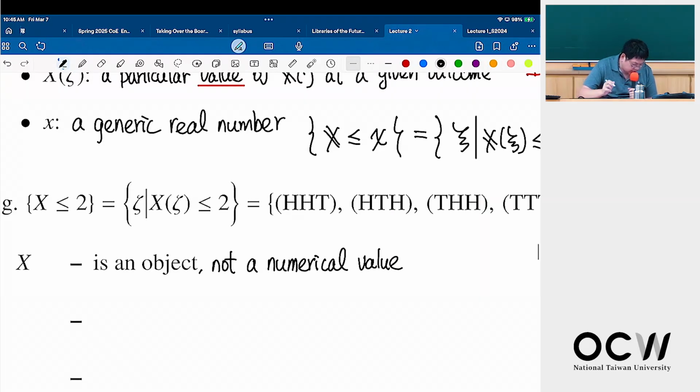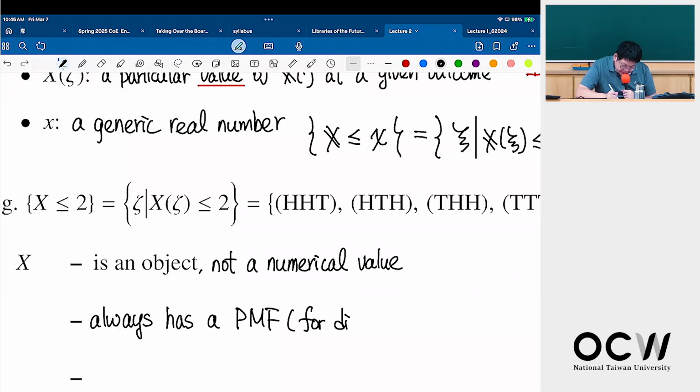And for this random variable X, it always has the PMF for the discrete case. Always has a PMF, and we will talk about the PMF right away. This is for the discrete case.